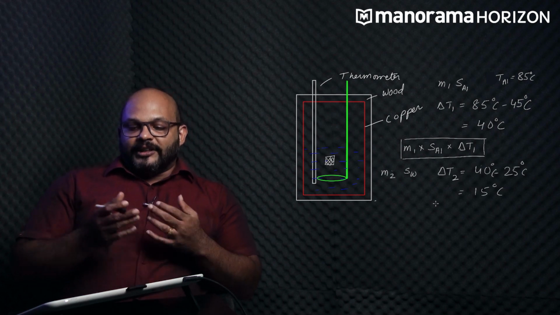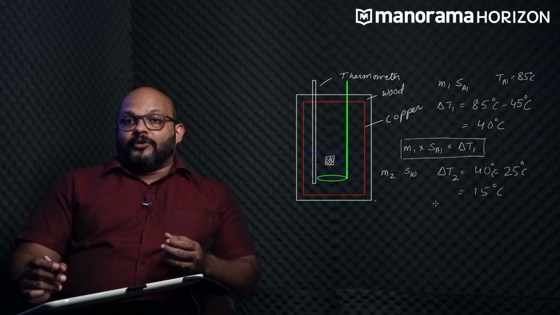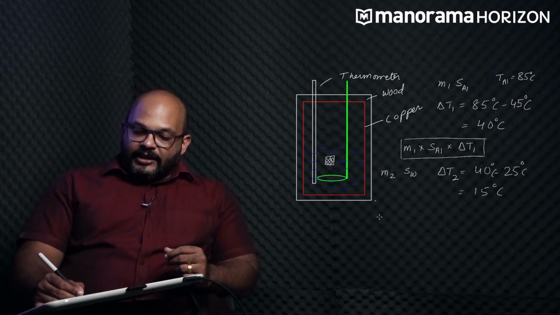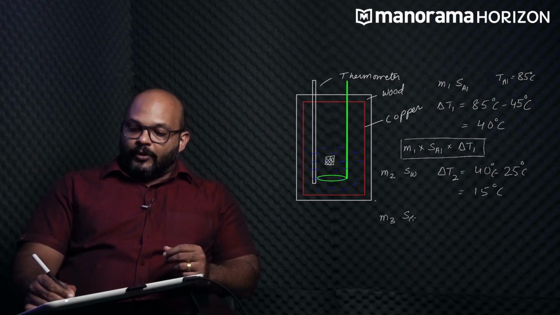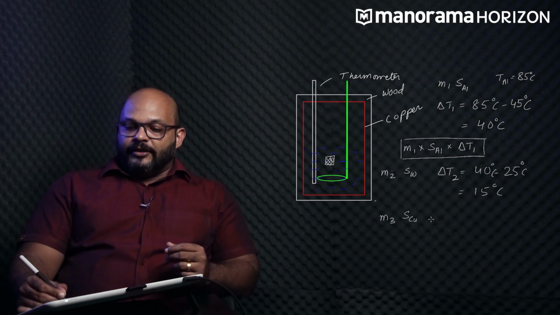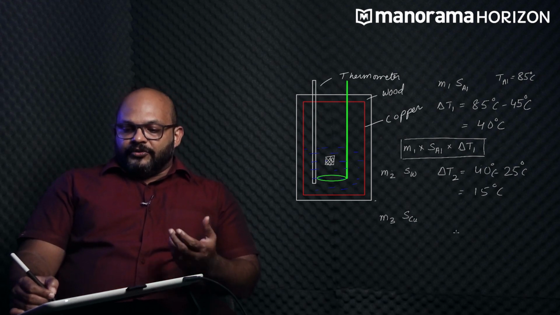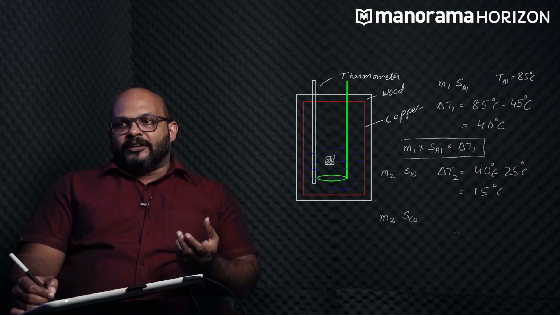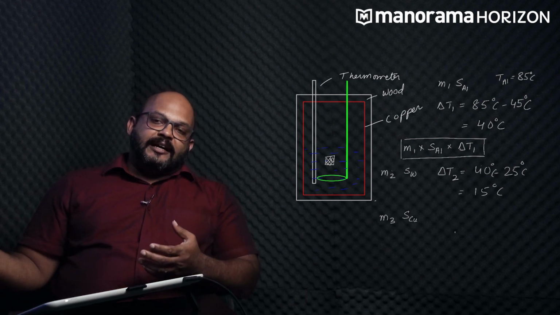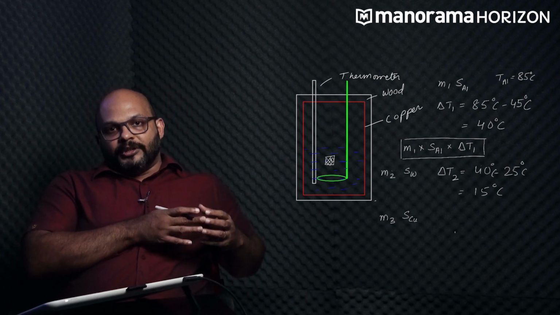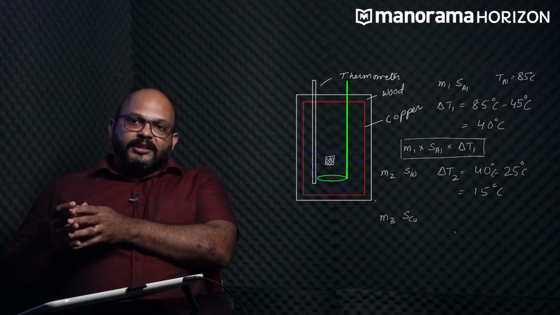On one side we have a mass of aluminum, that is M1, and on the other side we have a mass of water, that is M2, and we also have a mass of copper, with a specific heat equal to small s subscript Cu, and it is also undergoing the same temperature change, that is 15 degrees Celsius. So in order to find the energy lost by the piece of aluminum, we need to equate these terms, that is the total heat lost by the aluminum is equal to the total heat gained by this system containing water and copper.